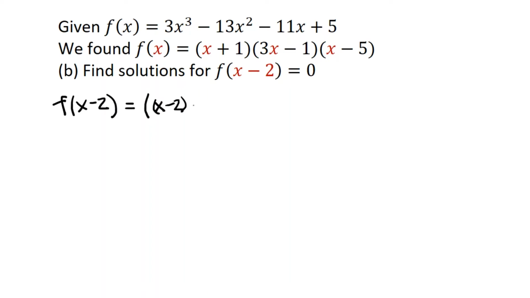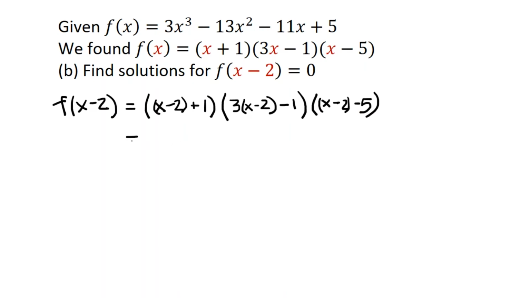So x minus 2 plus 1, that's equivalent to x plus 1. And then we have 3 times x minus 2, minus 1, and that's equivalent to 3x minus 1, except we're feeding in x minus 2. And this time we have x minus 2 minus 5 in the very last factor.